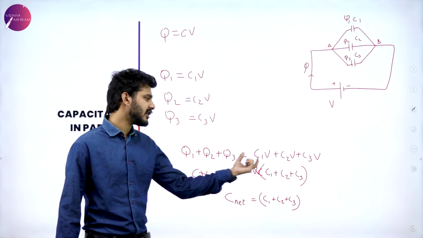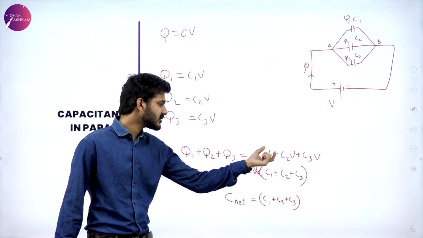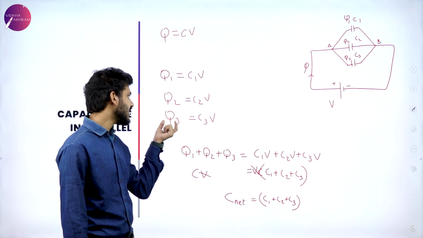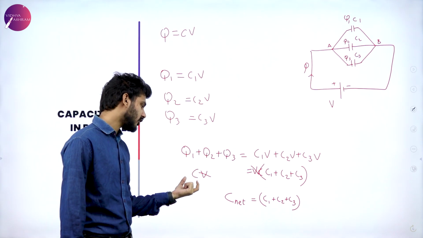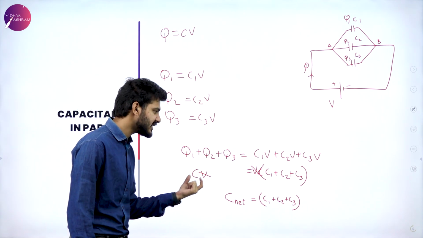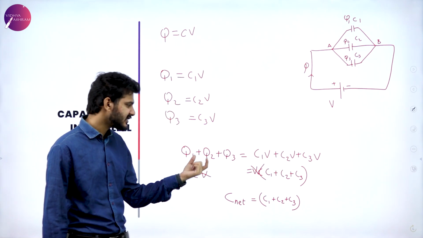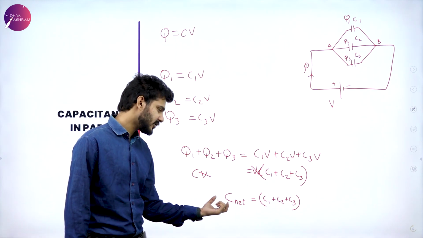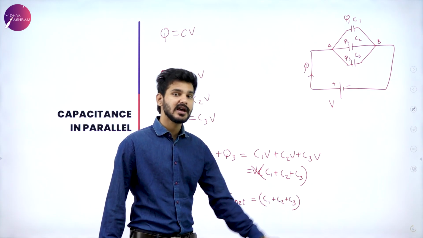This net charge can be written as C1V plus C2V plus C3V, and V is common, so we take it outside and we can write this Q1, Q2, Q3 in the form of CV. That is, net charge can be written in the form of CV. So we are writing CV is equal to V into C1 plus C2 plus C3, and we cancel the V's which are same on both sides, and finally this particular C is the net capacitance which we will get as C1 plus C2 plus C3.